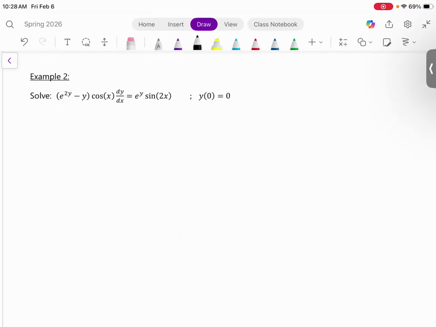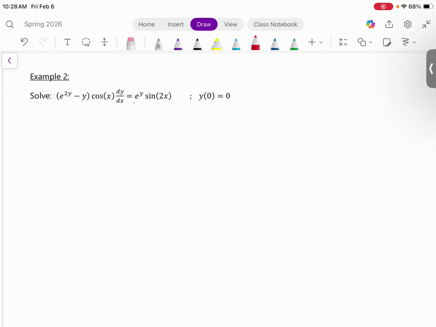Okay, we have e to the 2y minus y times cosine x dy over dx equals e to the y sine of 2x. What I want to do is then move my y terms to the left side and move my x terms to the right side.